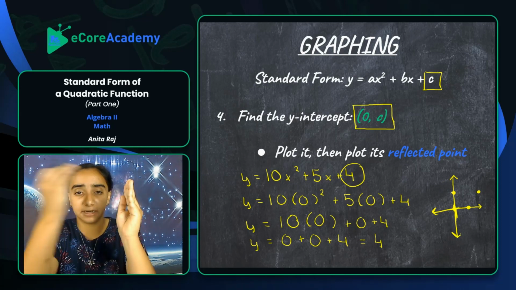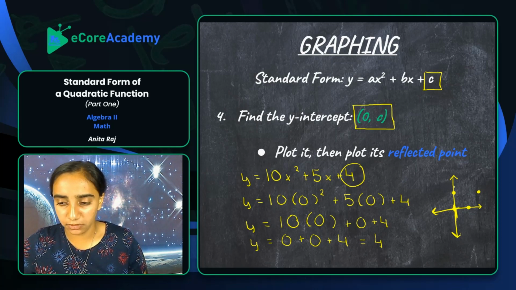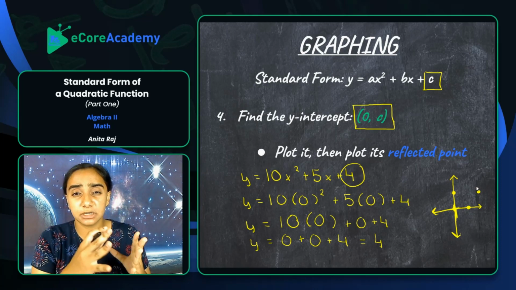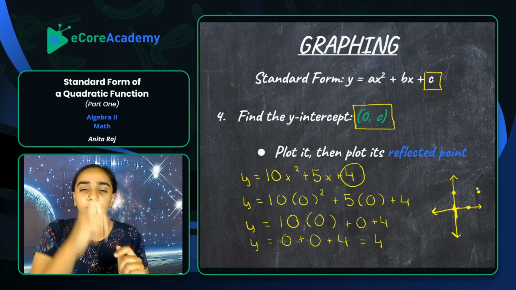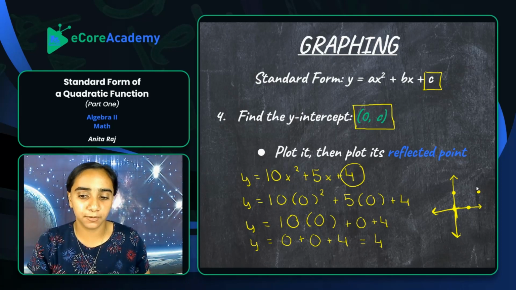So you just reflect it, and you can usually do that just by looking at the graph. That's what it means by reflected point, because when you're graphing an equation, you're trying to get as many easy points as possible plotted, so you can sketch the most accurate graph of a parabola.